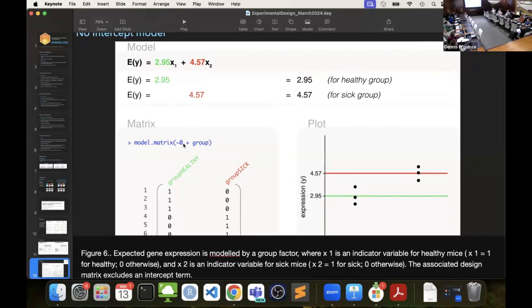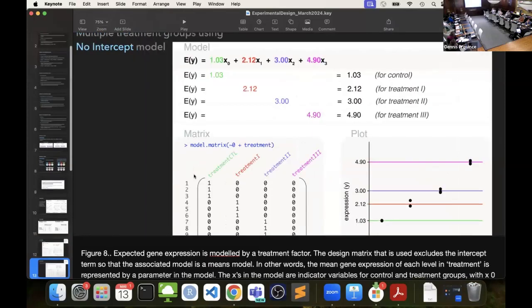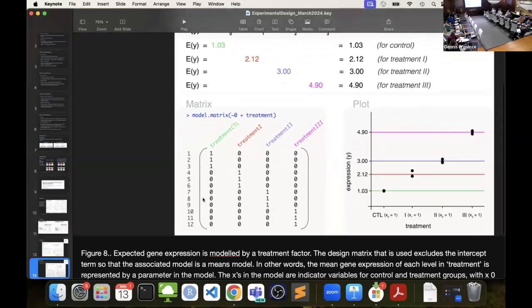If you don't have the 0 and just write tilde group, it becomes the mean reference model, and it orders the groups however it alphabetically defines them. That's how we're going back into linear algebra, pretty much. This one is just an example of having more treatments and more factors in the model, but you also want more replicates included in that data.